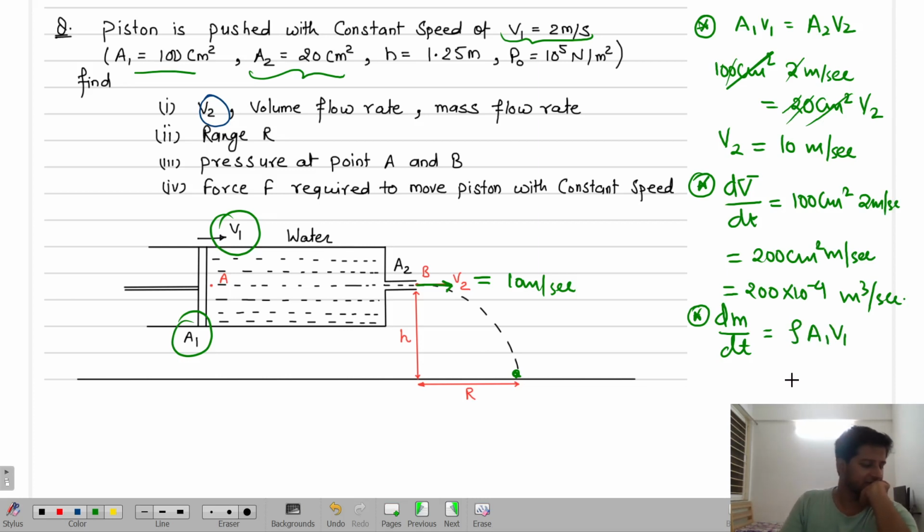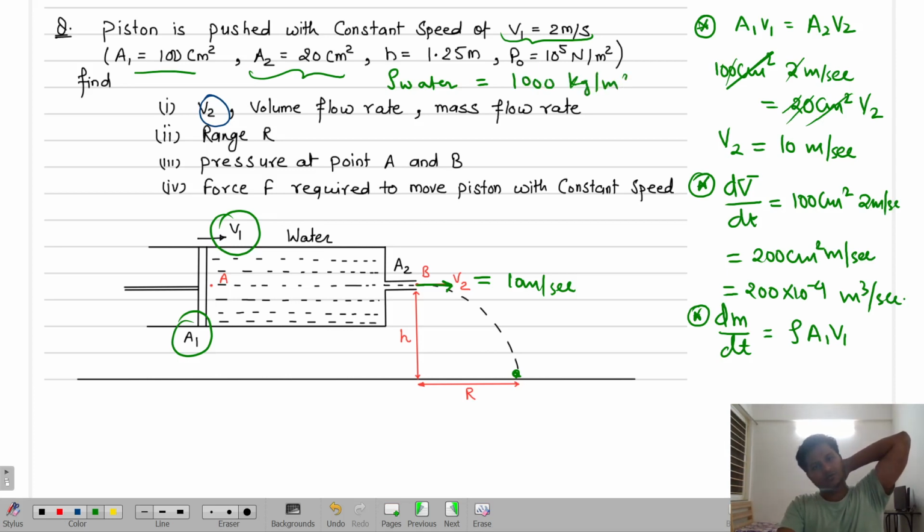And if I'm writing mass in SI units, then since this is water, its density is simply 1000 kg per meter cube. So you can replace it and find the mass flow rate also. It will come as, I'm directly writing the answer, 20 kg per second. Is that clear?